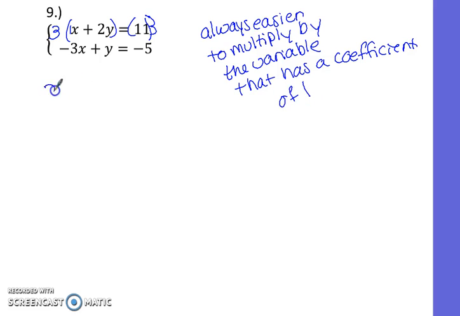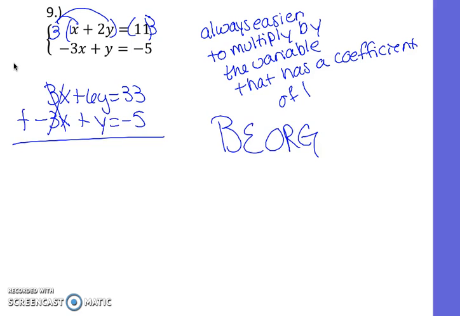So I'm going to get 3x plus 6y equals 33. Make sure you multiply both sides. That's the common mistake. So plus my 7y equals negative 5.